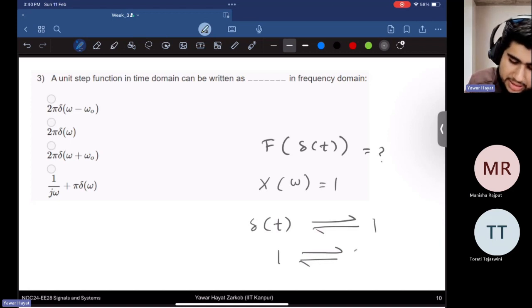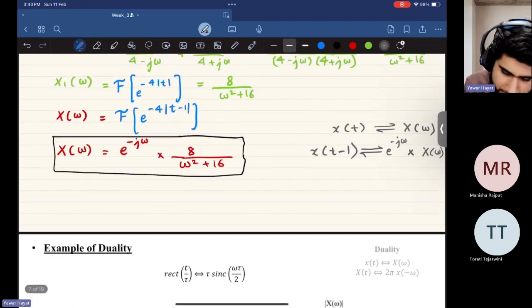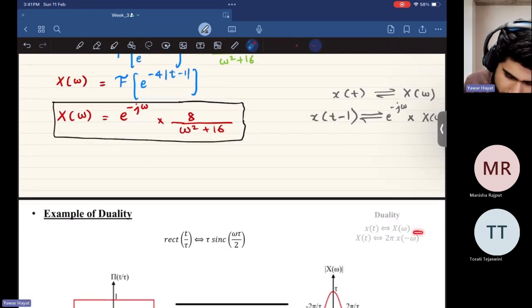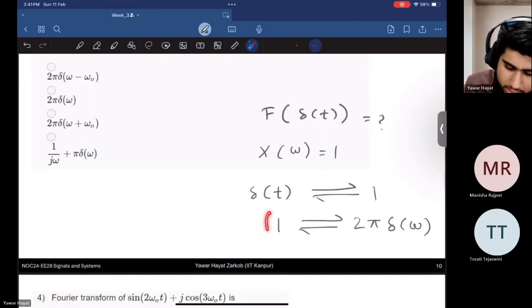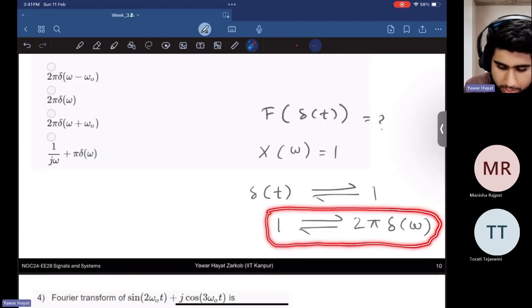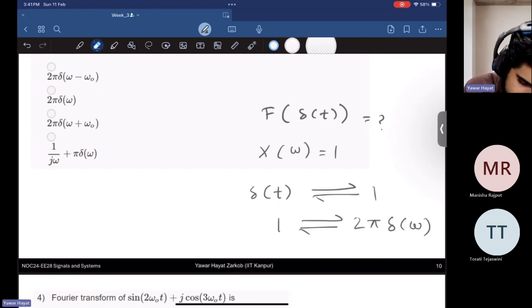In fact, the correct answer is 2 pi delta of omega. Actually it's delta of minus omega, but the delta function is an even function, so we can write delta of omega. Remember, the factor is 2 pi. That is why the Fourier transform of 1 would be 2 pi delta of omega.